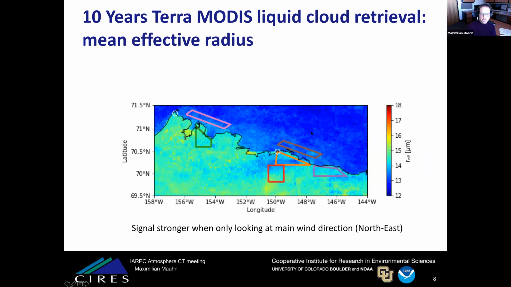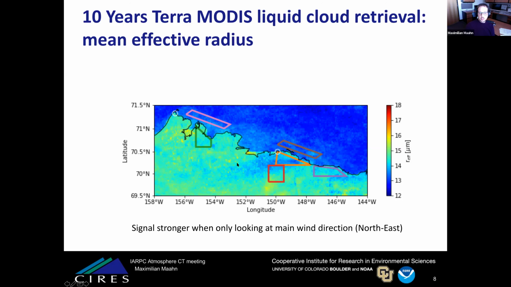So you can only compare ocean to ocean and land to land. But if you compare land to land, you see that here in this orange triangle where most of the oil wells are located, we see this depression in effective radius, consistent with what we expect from more cloud condensation nuclei. So this is liquid clouds only, I should say.